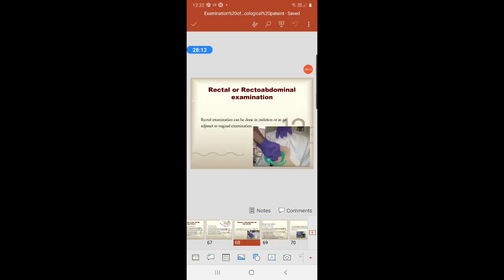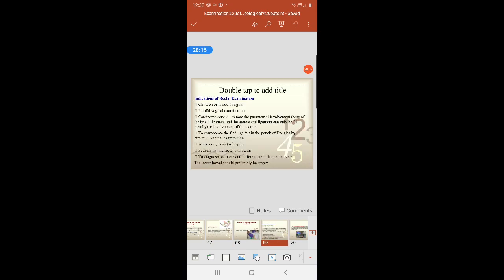In case of carcinoma cervix, CA cervix, to note the parametrial involvement, the base of the broad ligament and the uterosacral ligaments can only be felt rectally, or the involvement of the rectum if present. To corroborate the finding felt in the pouch of Douglas by the bimanual vaginal examination. Then atresia or agenesis of vagina.